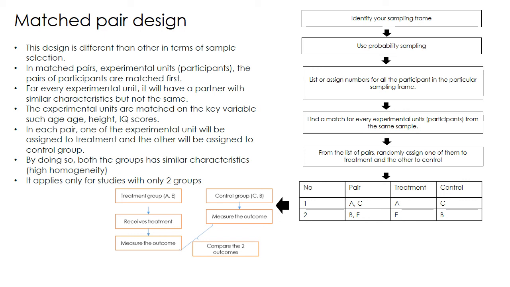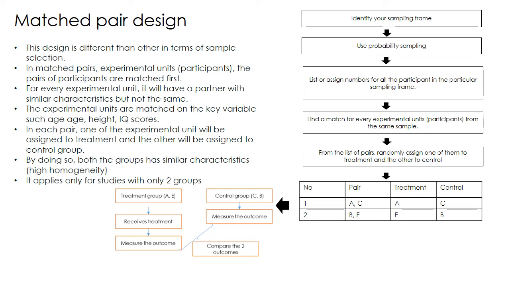So this treatment group consisting of A and E will receive HIV drugs, and then after a few weeks we will measure their fever or temperature, and in the same week we will measure the temperature and the fever of the control group.